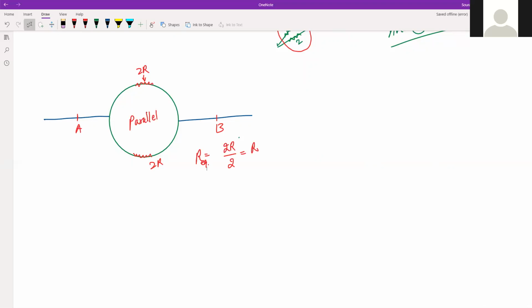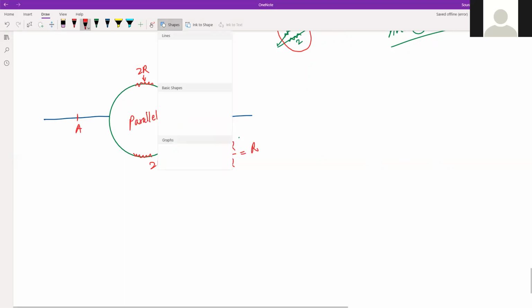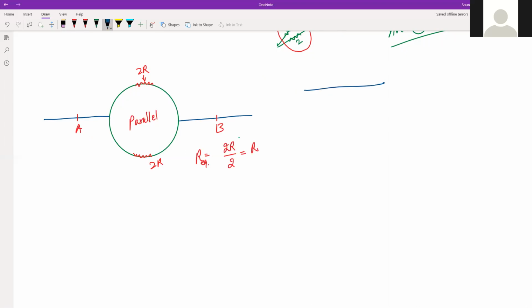So a few more examples. Let's see. Here there is a 2-volt battery. This one is 30, this one is also 30, and this is also 30.